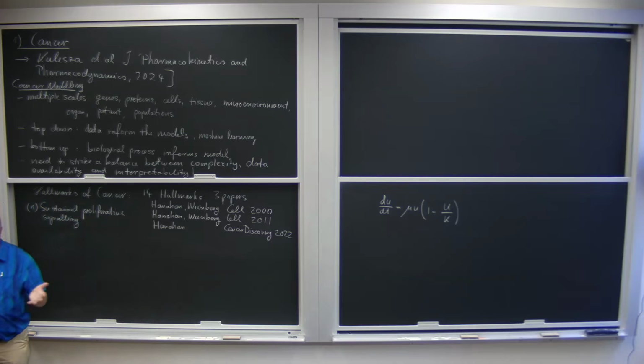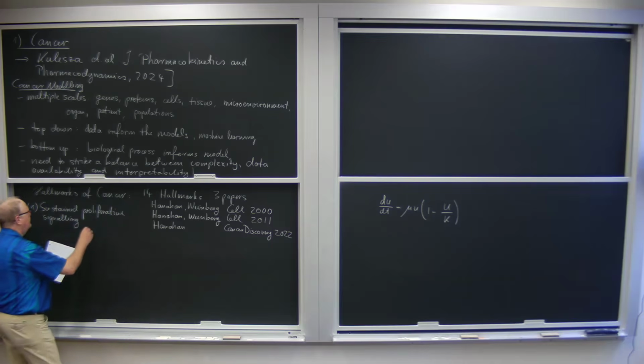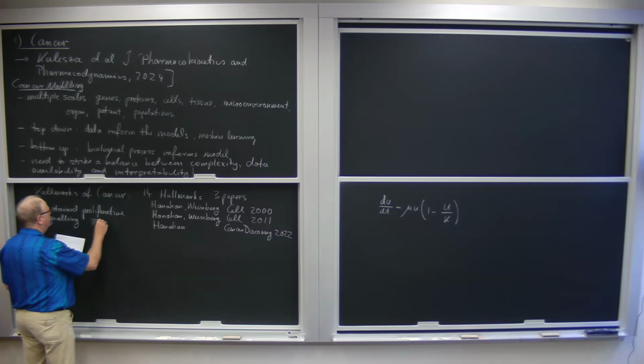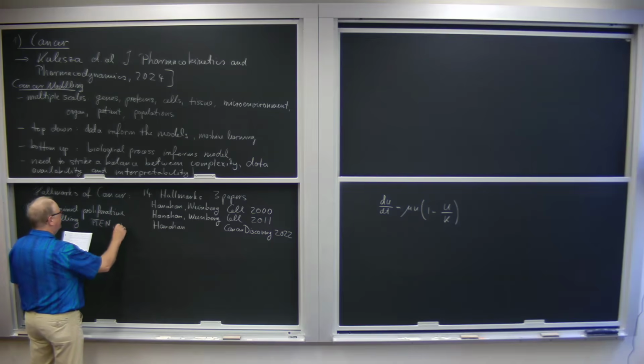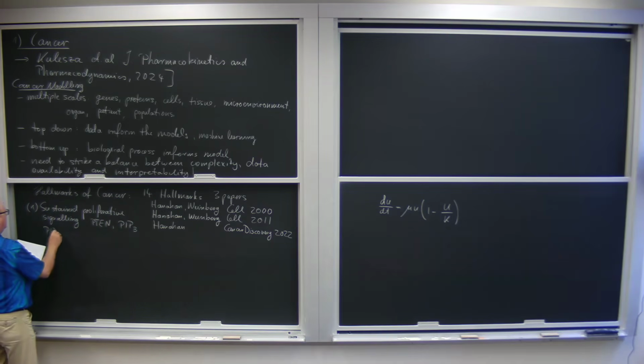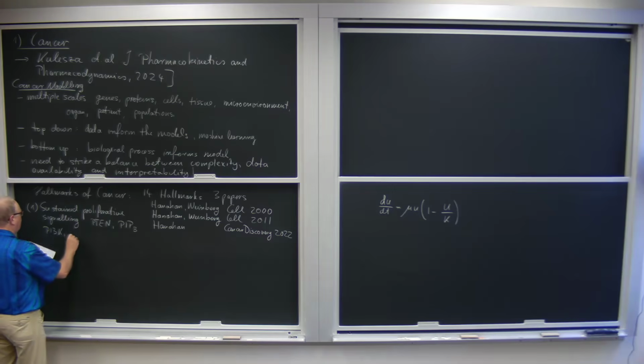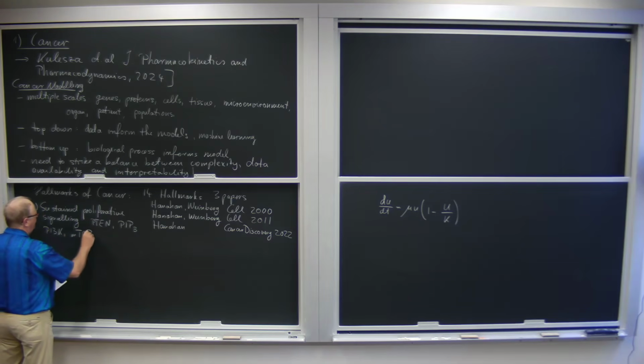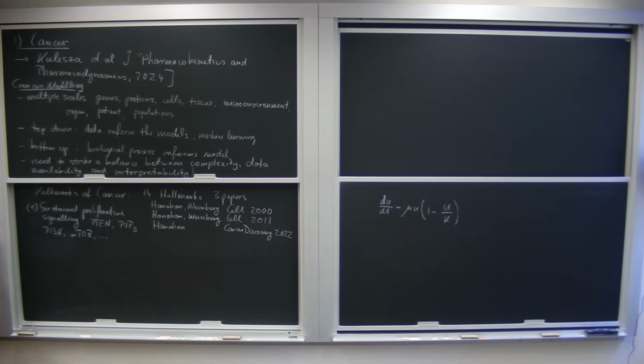The cells get signals to grow, to become bigger, to do mitosis, to grow again, etc. And there are lots of growth promoters known. For example, PTEN, PIP3, PI3K, mTOR. So I'm definitely not an expert in all these. I found them in the paper and I list them here.